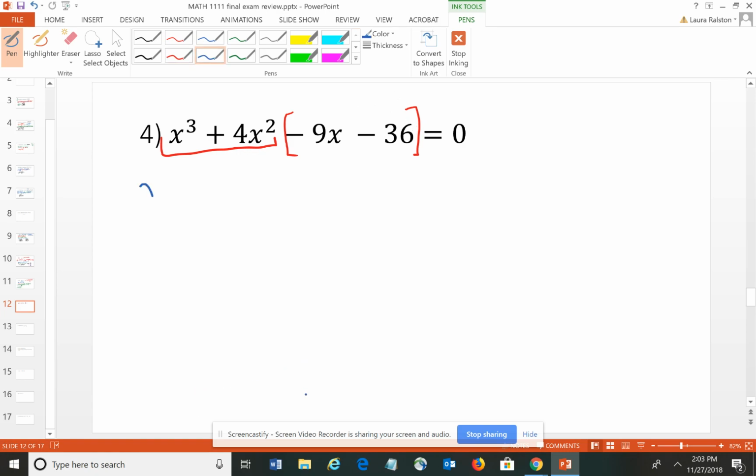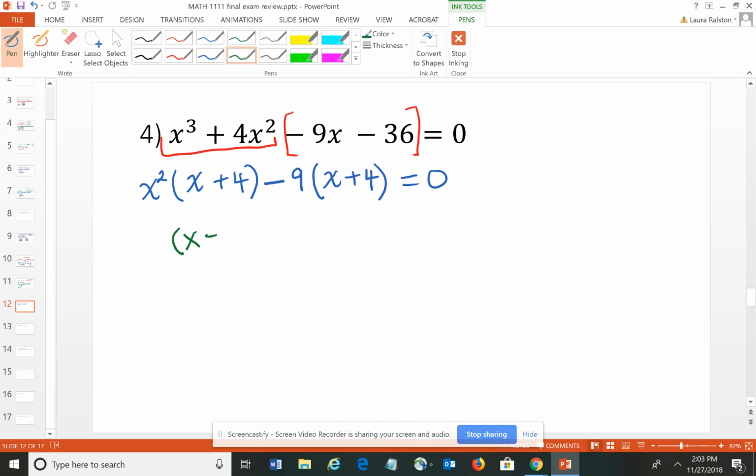If we factor out an x squared from the first one, we're left with x plus 4. In the second group, I'm going to factor out a negative 9, and I'm left with x plus 4. I then notice that I have x plus 4 in common in both pieces.